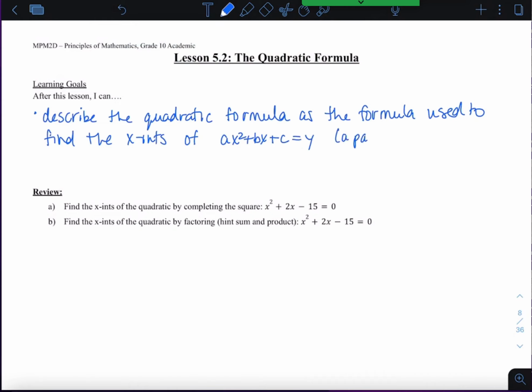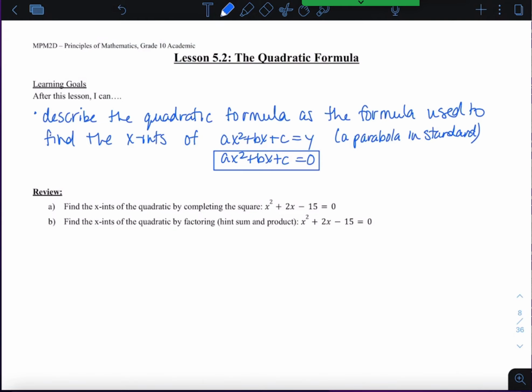So a parabola in standard form. Last unit we found out how to find the x-intercepts of a parabola in vertex form. This unit and this lesson we're finding the x-intercepts in standard form. So our equations are all going to look like this: a parabola in standard form set equal to 0.